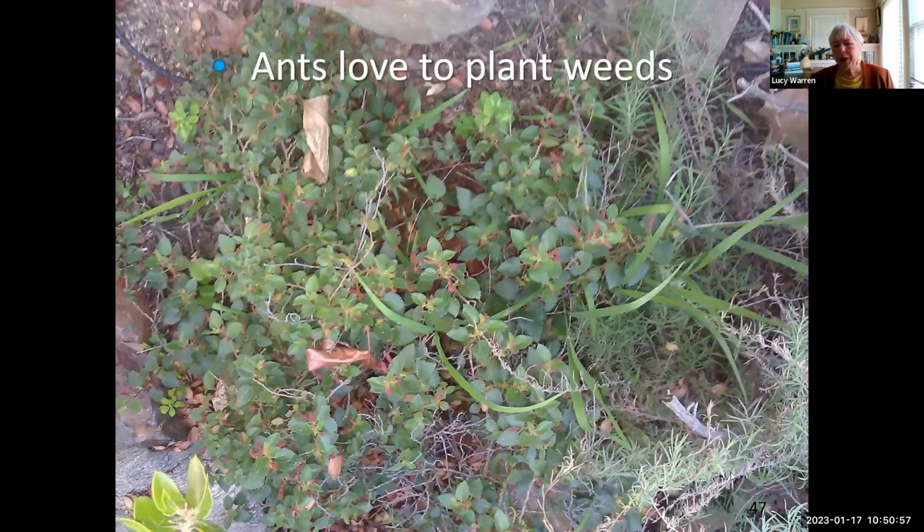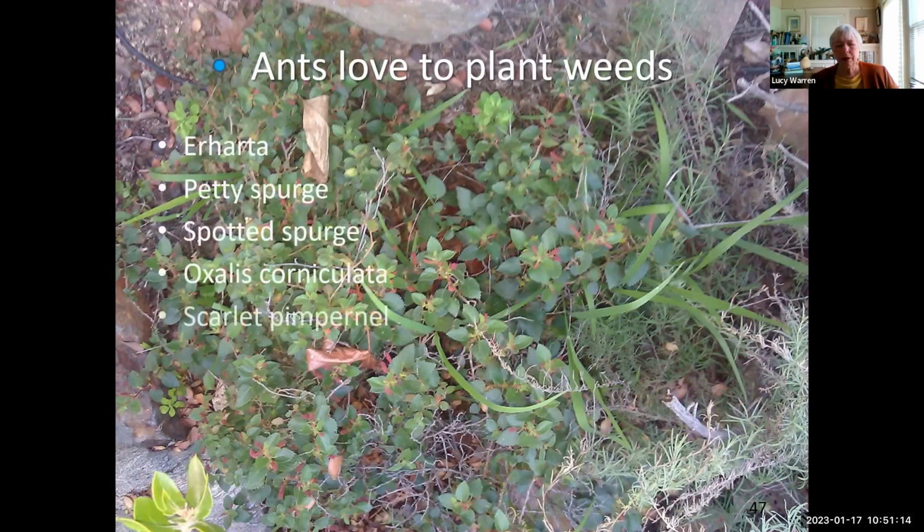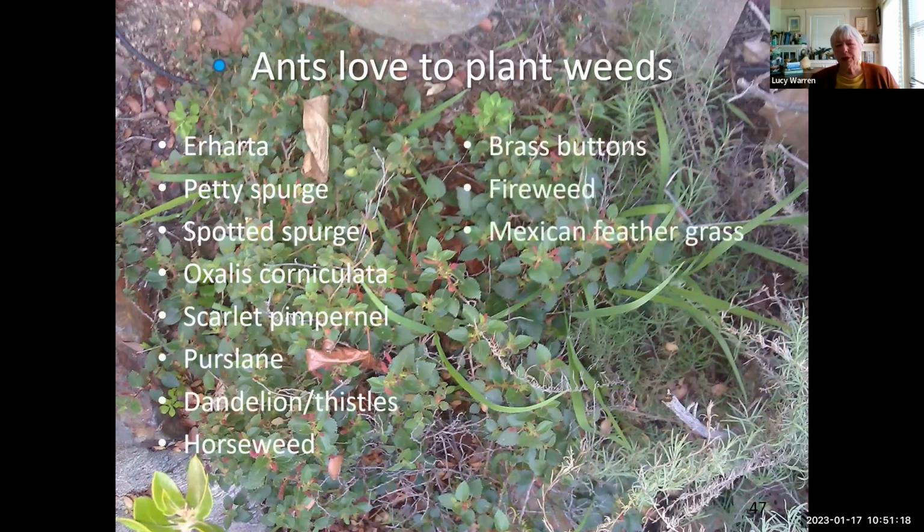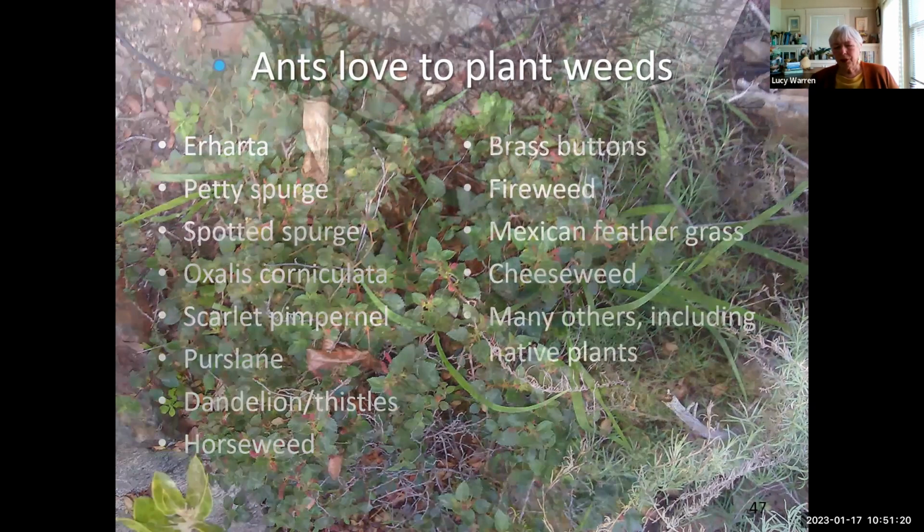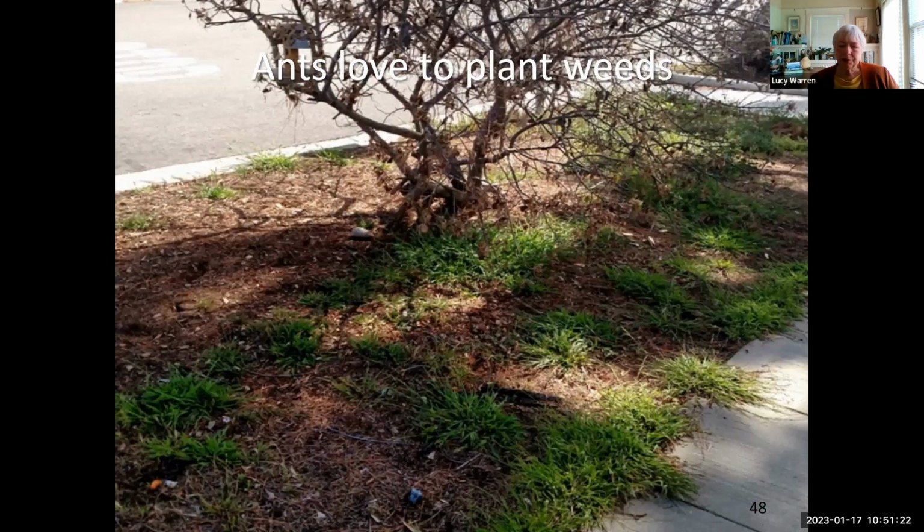Ants love to plant weeds. If you see weeds, they're very often vectored by ants. And these are particularly these Argentine ants. So these are just some of the weeds that if you notice them, you probably have Argentine ants. And this is just an example.